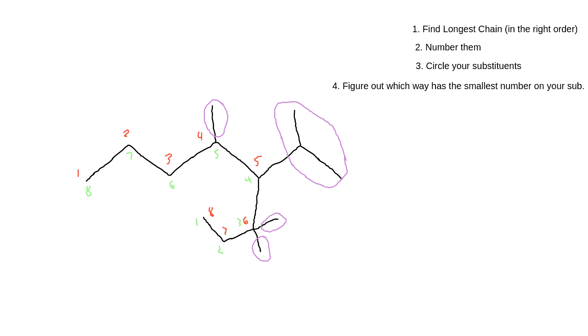All right, so someone asked, how can you tell that the whole bottom part isn't a substituent? That's actually a really good question. This whole bottom part isn't a substituent because these are still carbons. You can still go down this way.